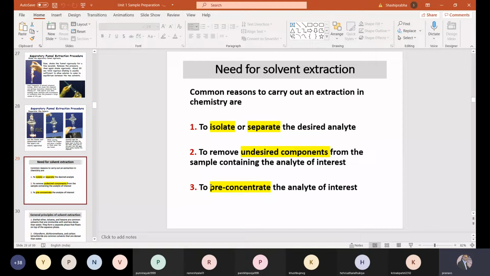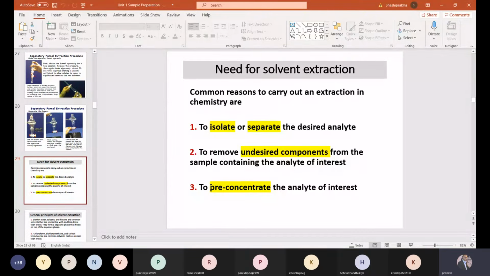It is done by simply extracting the analyte of interest in smaller volumes of organic phase, so that the amount doesn't change, but the concentration changes. Because if you decrease the volume, concentration increases. So this is a very important aspect of solvent extraction, that it is used for extraction plus pre-concentration.